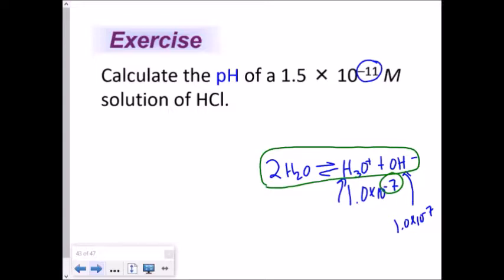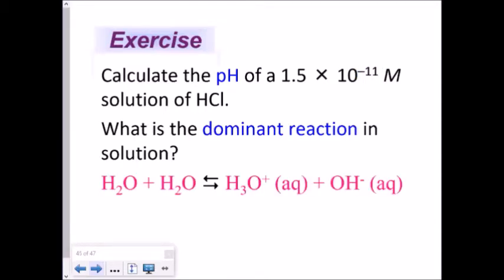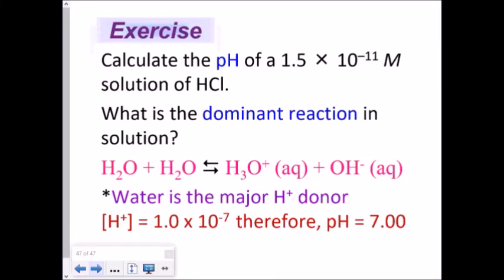So the hydrogen should be negative 7, so should the hydroxide be negative 7. That's where I'm kind of getting those numbers from, but that's a good question. Yeah. So the pH of this one would be, dominant reaction happens to be your self-ionization of water going on, and water is the major H donor, so that creates a pH of 7.